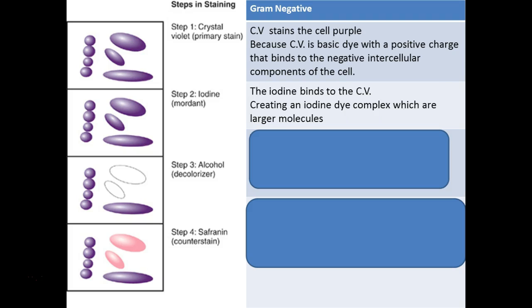The difference in the differential step in this differential stain is the decolorization step. This is where we get differences, right? So when we decolorize in this case, we have a structural difference between gram-positive and gram-negative cell walls, right? If you were to compare them, someone said that gram-positive had a very thick layer.